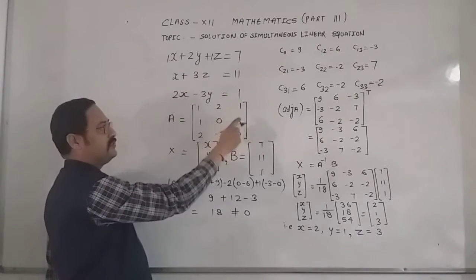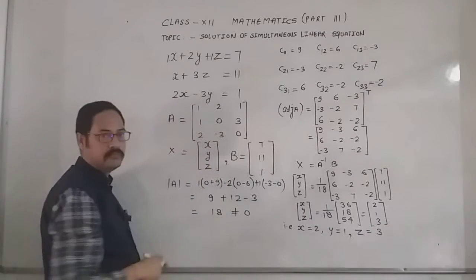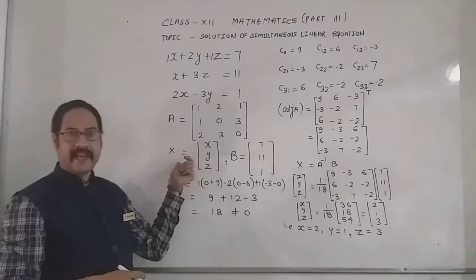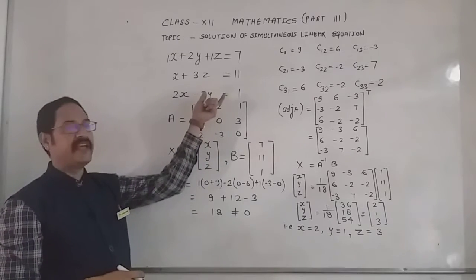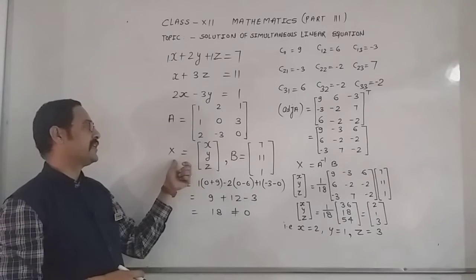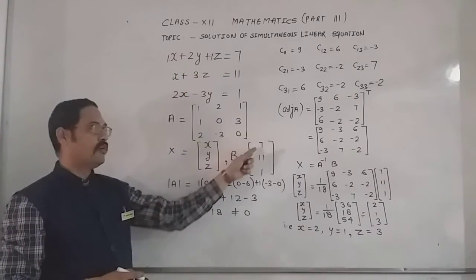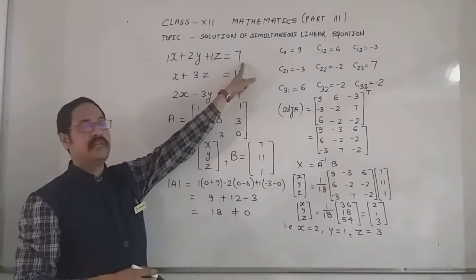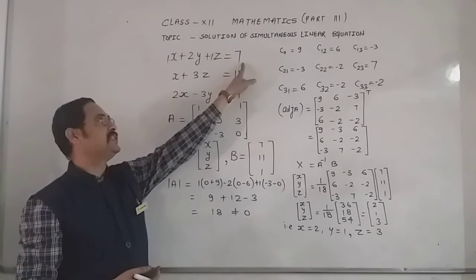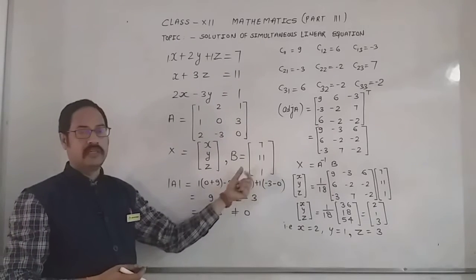Now the coefficient of z is 3, similarly 2, minus 3 and 0. What is X? The variable matrix of x, y and z. Here are three variables x, y and z. Now what is B? The constants on the right hand side of the equations, 7, 11, 1, are called the matrix B.